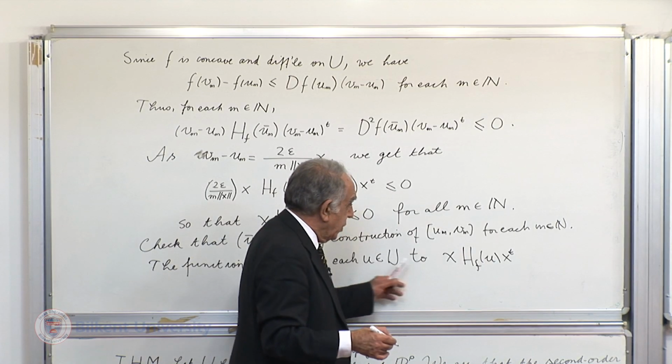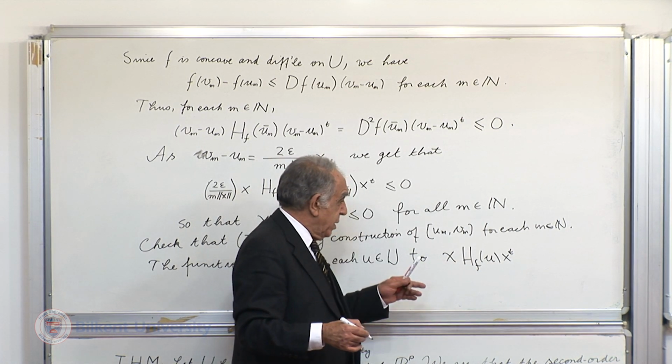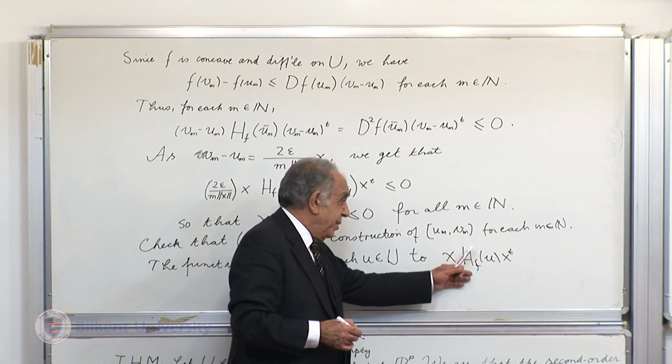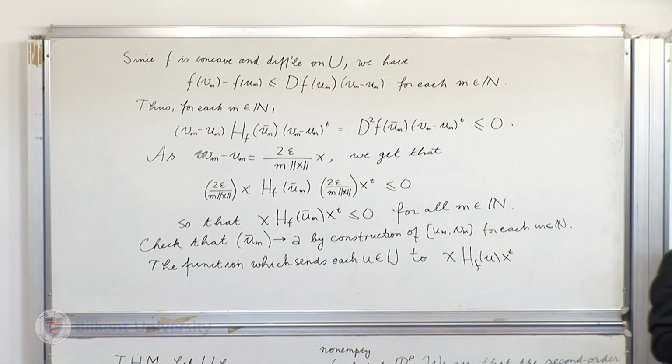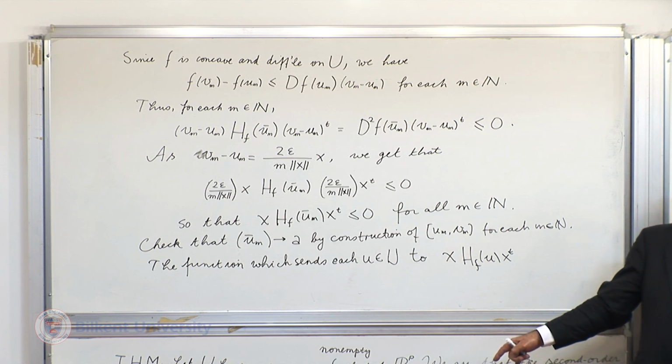Well, that's a function on U with real values. Is this a continuous function of u? Well, here the arguments of this matrix are the second order derivatives of f with respect to different variables, but by hypothesis, all of them are continuous.